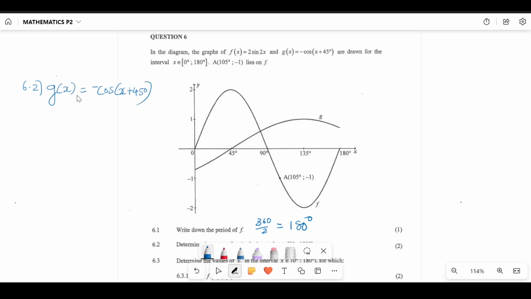When x equal to 0, what is y? y will be negative cos 0 plus 45 degrees, that is negative cos 45, which is negative root 2 over 2. So therefore the range of g of x in this interval starts from here. When x equal to 0, y is negative root 2 over 2 until 1. That is the range.